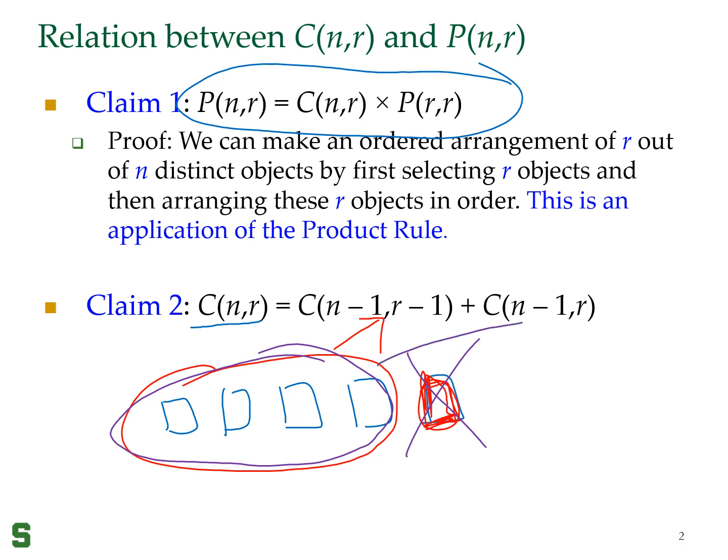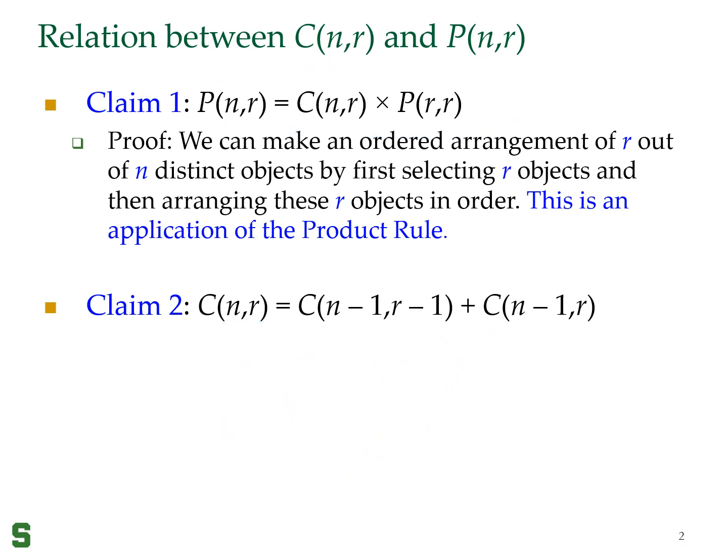So I have n minus 1 objects at this point, and I should select all r out of it. That's how I'm going to get two different possibilities, and each is something that I need to consider. So by the sum rule, C(n,r) is C(n-1, r-1) plus C(n-1, r).